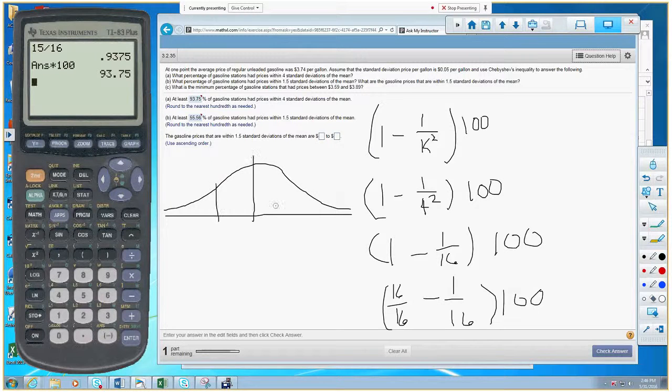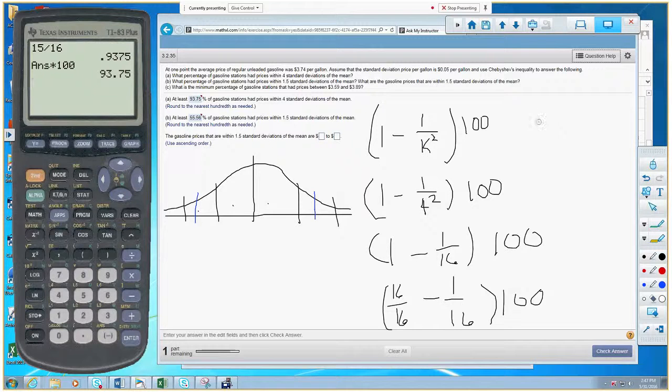There's 1 standard deviation, so there's 2 standard deviations right there, and then 2 standard deviations. How many is that? That's 4. 1, 2, 3, 4. So 1.5 standard deviations, I'll do it in blue, is there and there. So we do 1.5 right here.